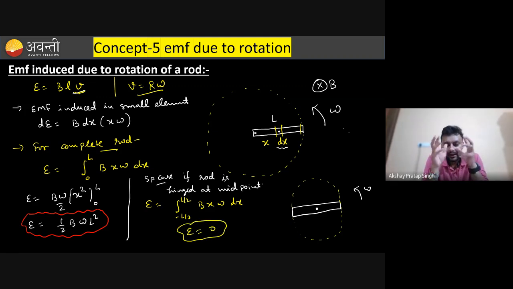If you hinge the rod at the midpoint and rotate it in a circular path, then the EMF induced will be zero. And if you hinge it at the end of the rod, the EMF induced will be half B omega L square. Is it clear? I hope it is. Can you remember this formula?